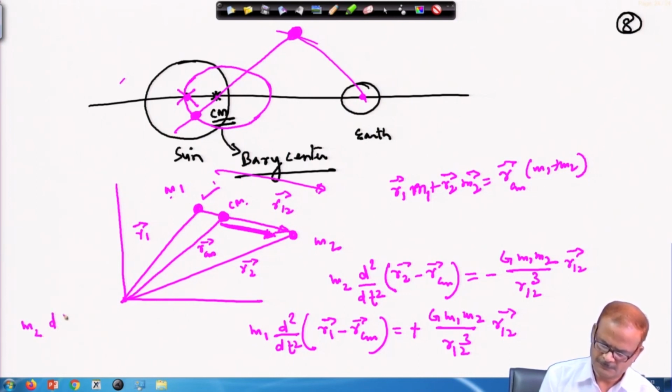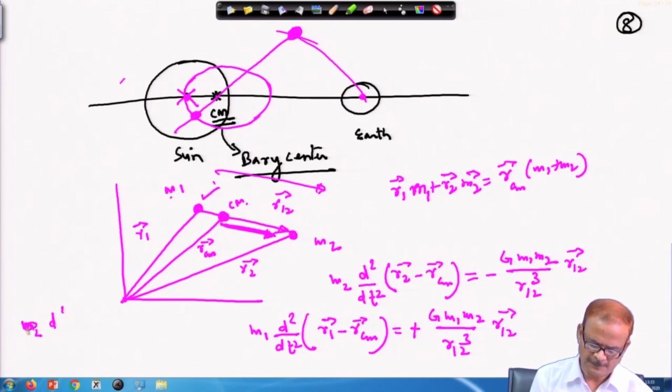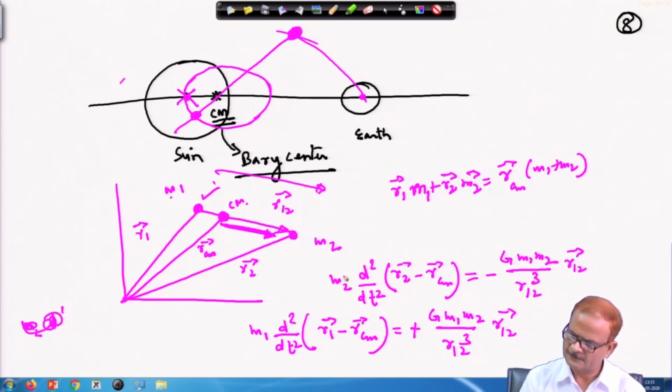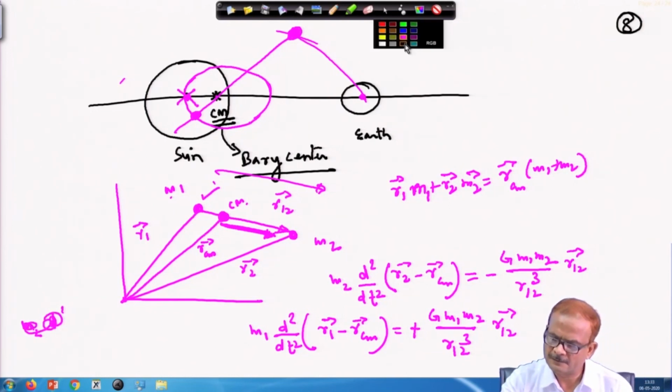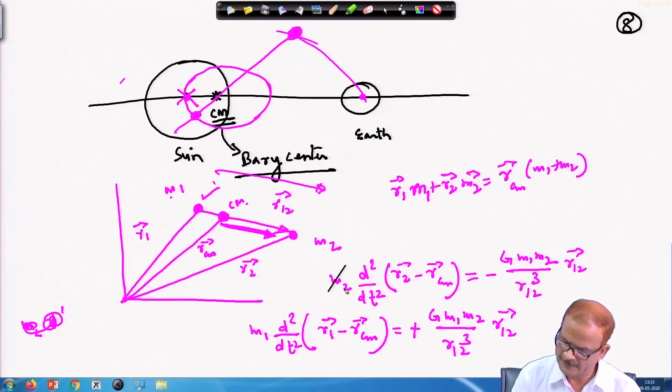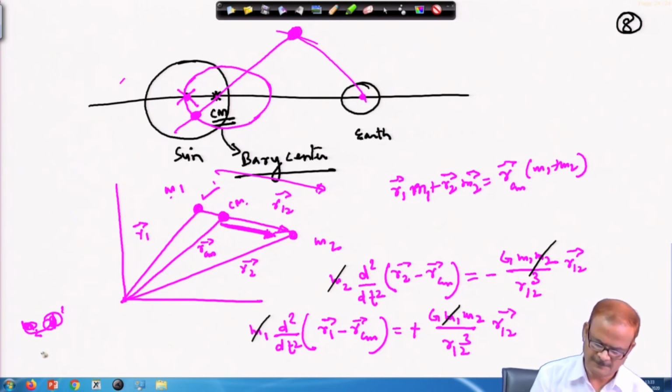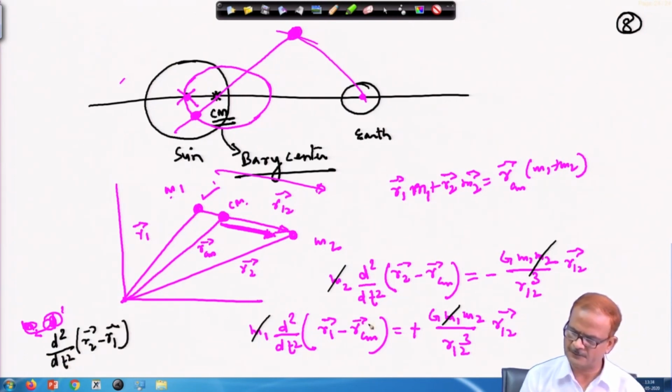We can divide on both sides: M2 on this side and M1 on the other. So the relative motion will then appear as d squared by dt squared of R2 minus R1, if we subtract these two.